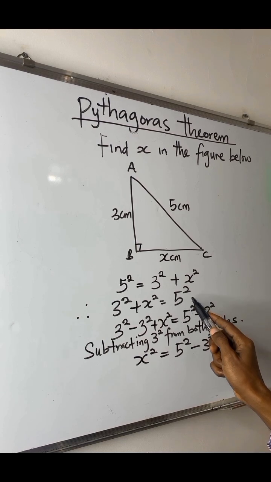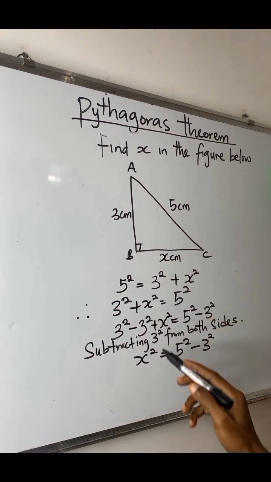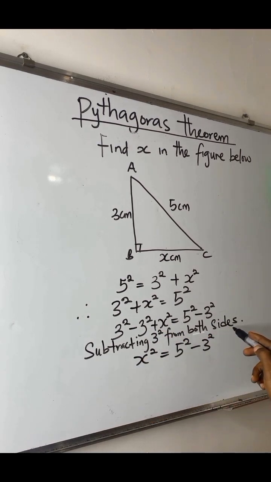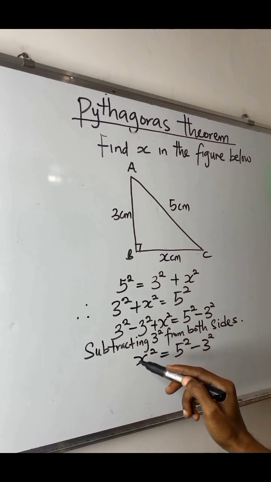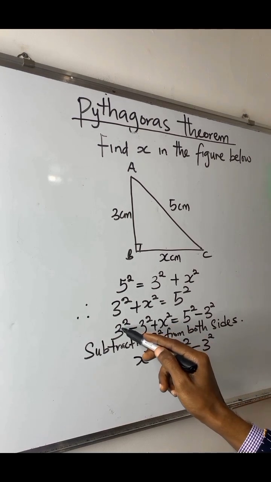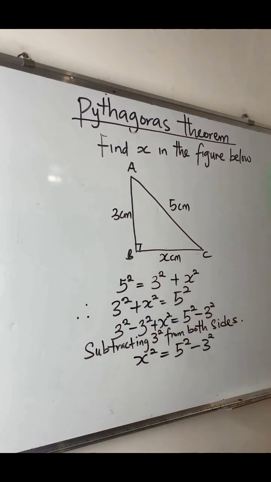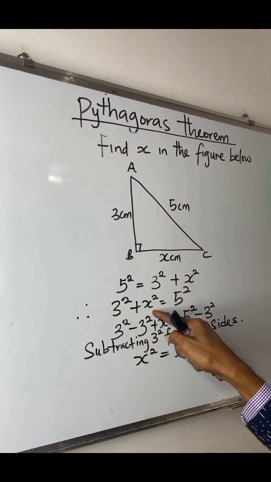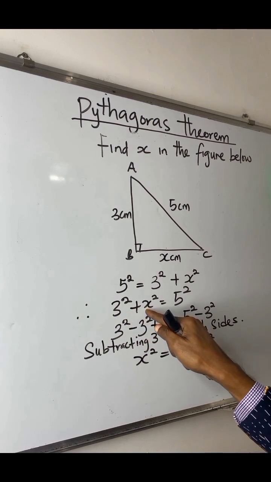5 square. Now, at this point, we are going to try to eliminate 3 square because 3 square right now is disturbing x square. What do I mean by disturbing? It's the only thing that is attached to x square at the left-hand side. If you want to find your unknown in mathematics, you have to isolate that unknown, which in this case is x.